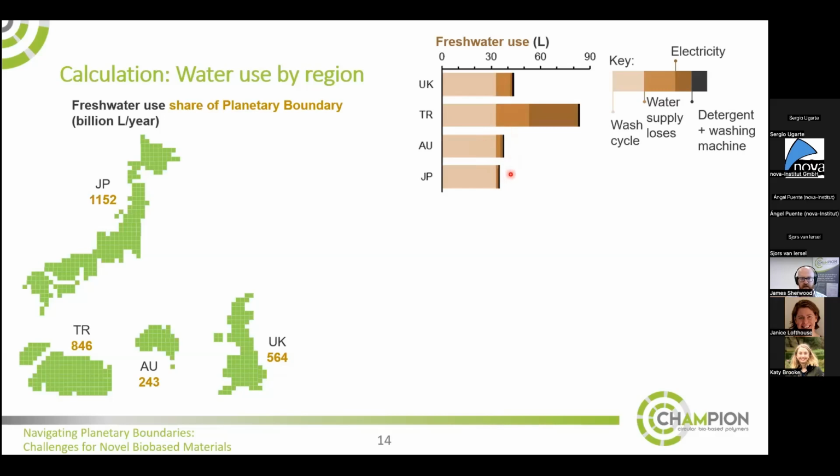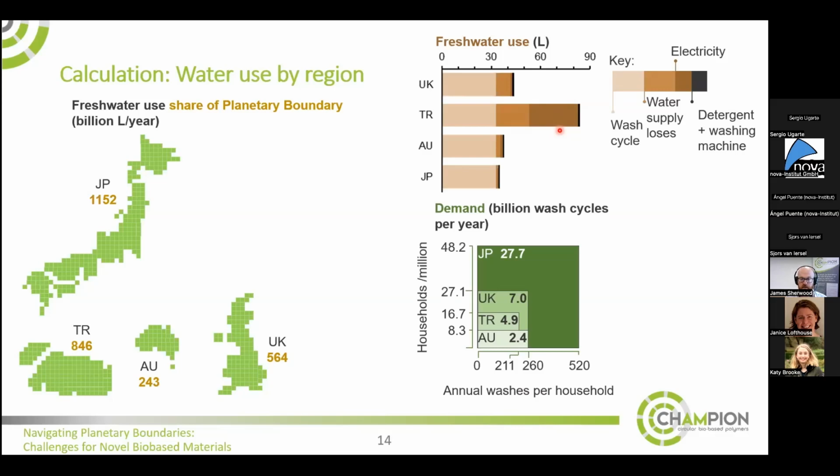Australia and Japan have less leaky pipes than the UK, so their total magnitude of water use is less. In Turkey, they have more leaky water pipes, and also a lot of hydroelectric power, which is associated with freshwater withdrawals, so they actually have quite a large water use impact. The absolute magnitude of the water use is quite high in Turkey compared to other countries on this graph.